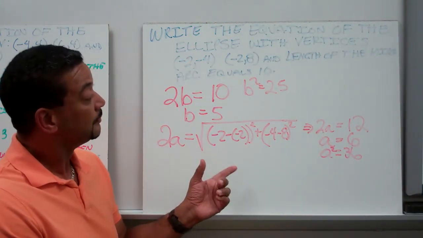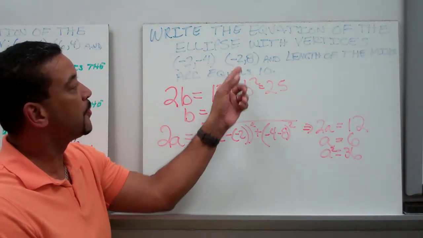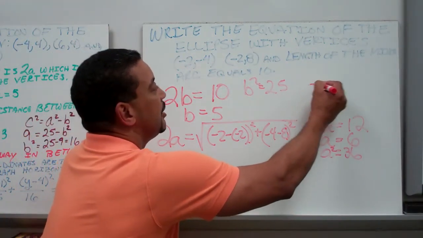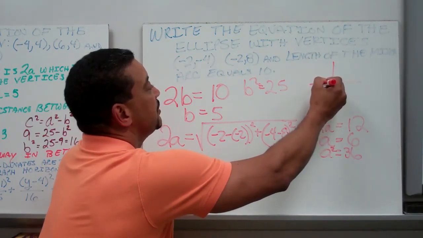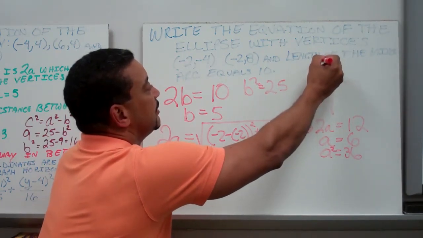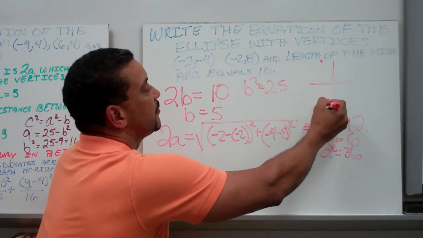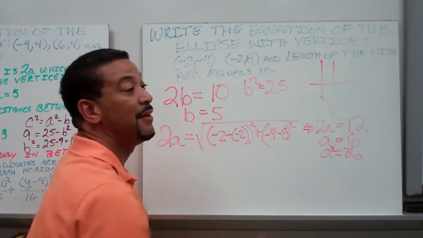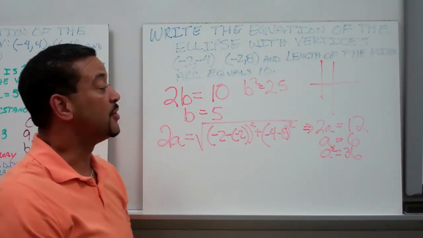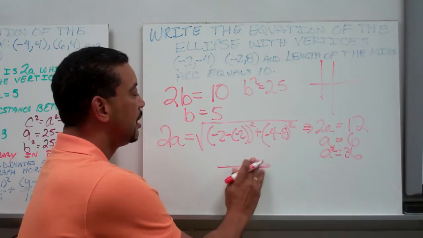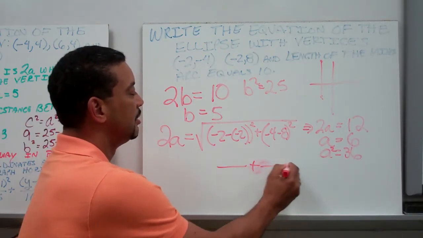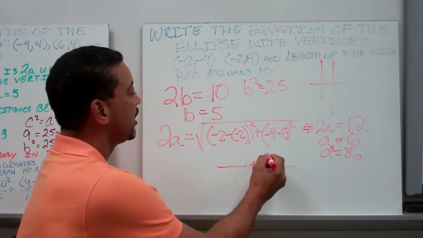If we're at -2, going up to 8 would be somewhere up here, and -2, -4 would be somewhere down here. So obviously this is vertical. And if it's vertical, that means we're going to put the larger number underneath the y squared.